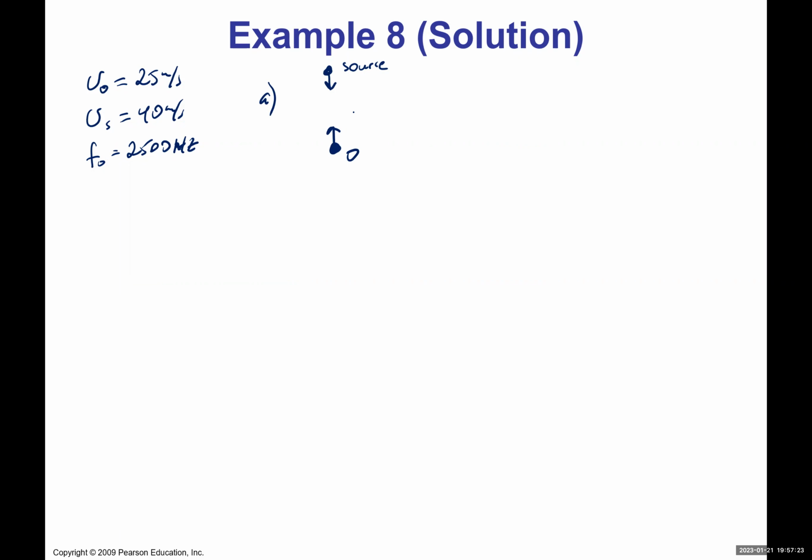In this case, we use the equation where the apparent frequency is equal to, because both of them are moving, I'm using the more general equation: v, the speed of sound in air, plus v of the observer, divided by the speed of sound in air minus v of the source, times the original frequency.